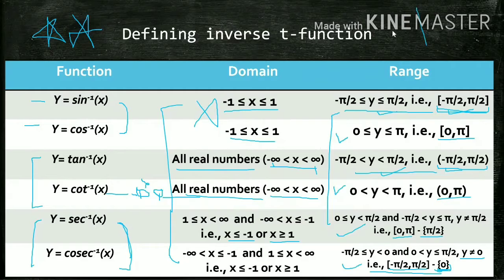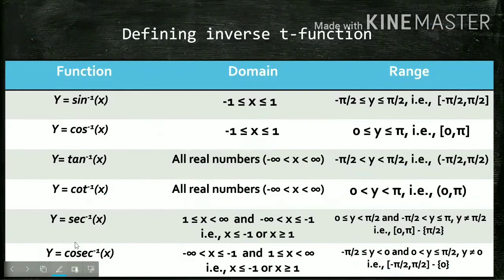What is this interval? Let me just tell you. Just look at this. This is 0. This is basically pi by 2. And this is minus pi by 2 when we go negative.